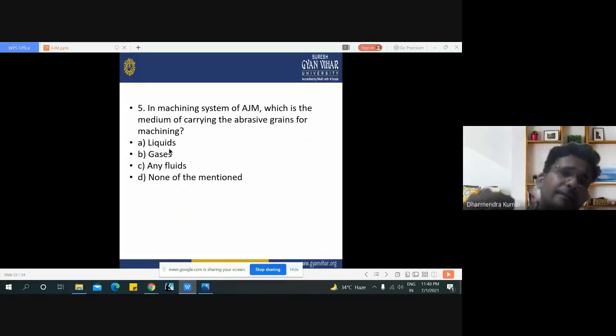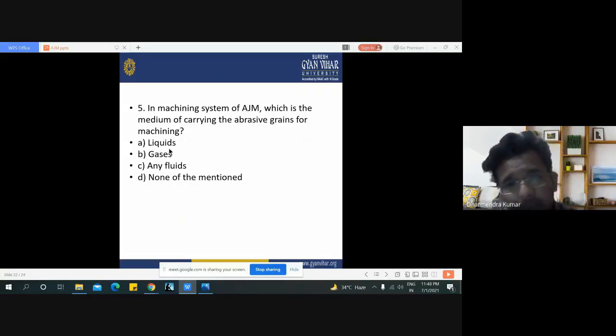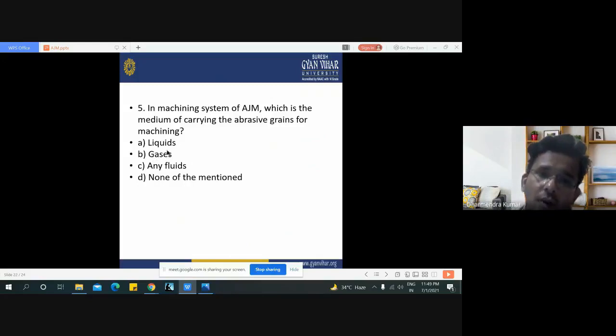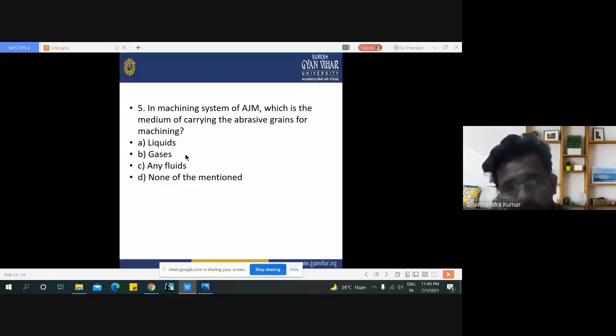In some abrasive machining we can use liquid or water. Then that machining is known as water jet machining, which we will discuss in the next lecture. So gas is the medium responsible for carrying the abrasive grains for machining process in the abrasive jet machining system.